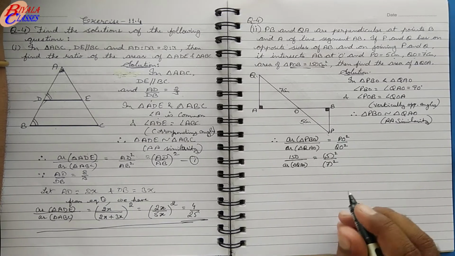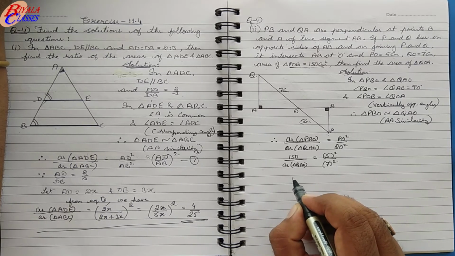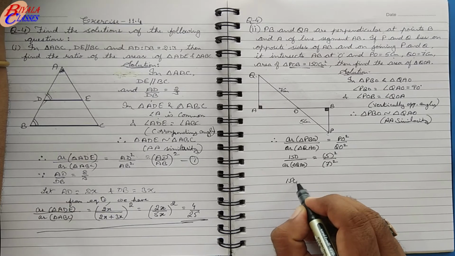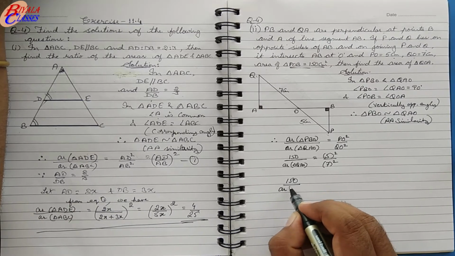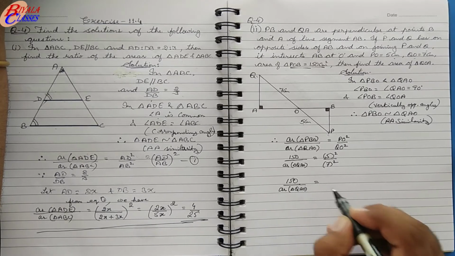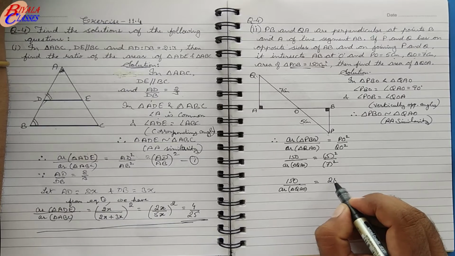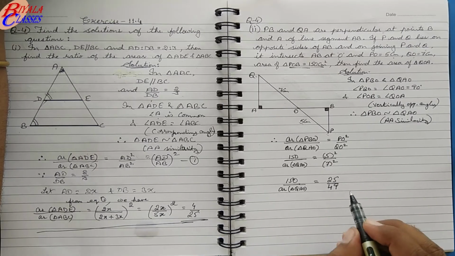So this is what we have, which we are going to further simplify. So this can be written as 150 upon area of triangle QAO equals 25 upon 49.